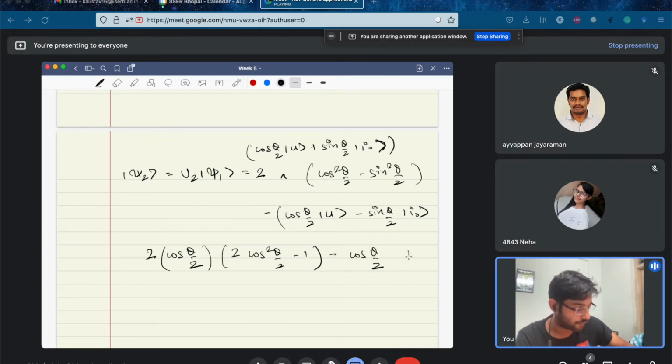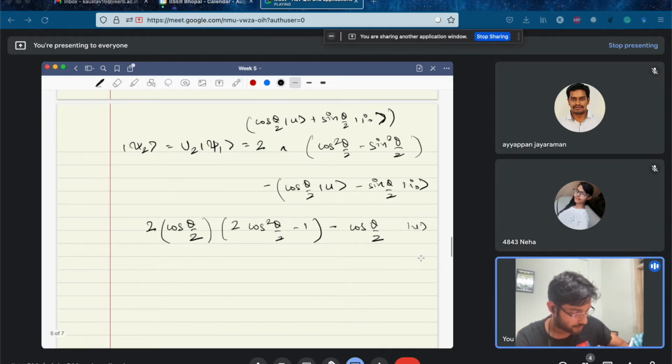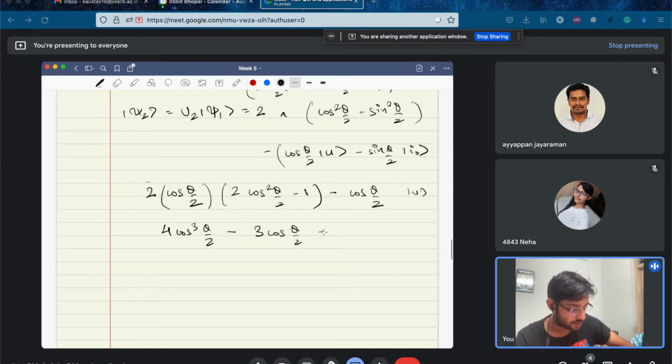This is the coefficient of u state. Okay, so what we end up with here is 4 cos cube theta by 2 minus 3 cos theta by 2. So we have 2 cos theta by 2 from here minus, and 1 from the others. And if you remember from the basic trigonometry functions, this is nothing but your cos 3 theta by 2.